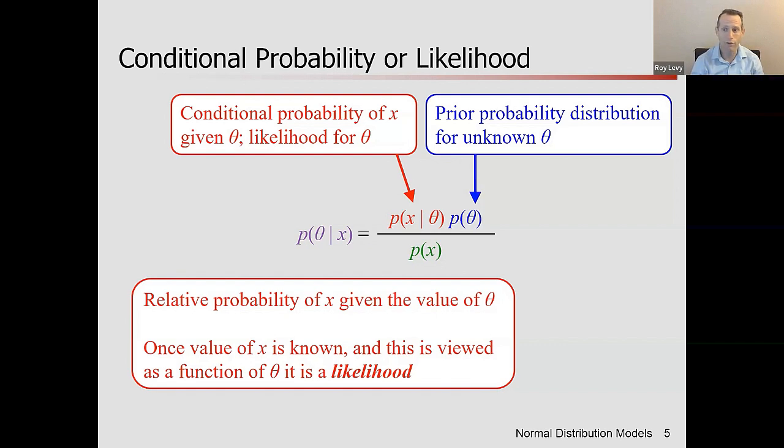Once the data x are observed, this term becomes our likelihood function, the likelihood function for the unknown parameter. Again, I'm going to try to color code things, and most of the stuff that has to do with the distribution of data given a parameter, I'm going to color code in red.